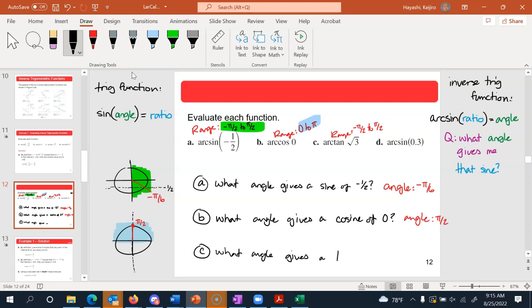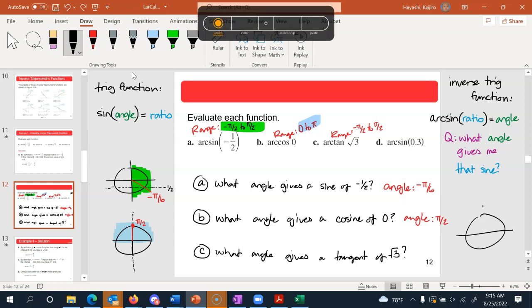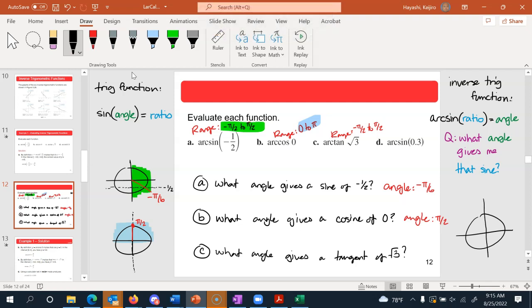What gives a tangent of square root of 3? Yeah, since it involves a square root of 3, you can probably take a pretty good guess that it's going to be one of those pi over 3 or pi over 6 ones.